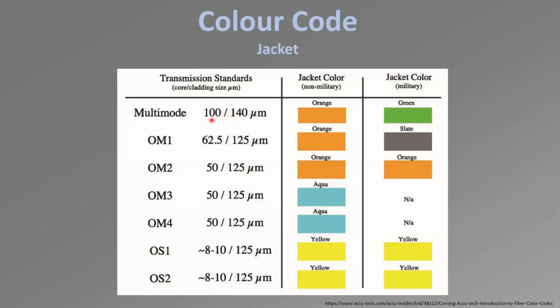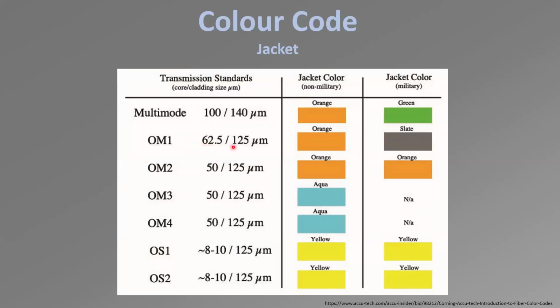Here are the numbers. This is the core size, and this is the cladding size. The 100 by 140 is not as much used in our everyday applications. The 62 OM1 was the way old wire that was developed. I'm not sure if it's still being used. OM1 is still around because glass does not corrode.